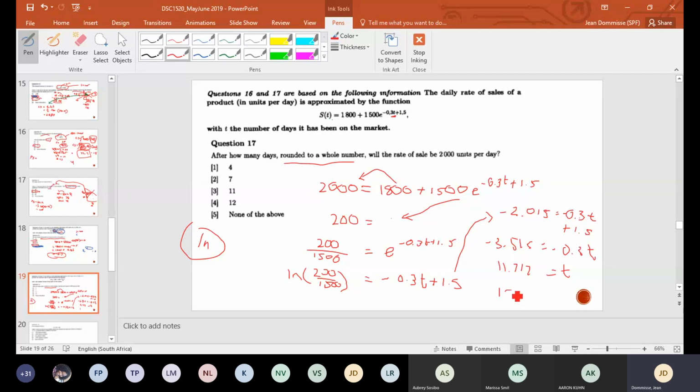It's rounded off to 12. I know I said in a previous one they won't give you an option of 11 and 12, but here they do.